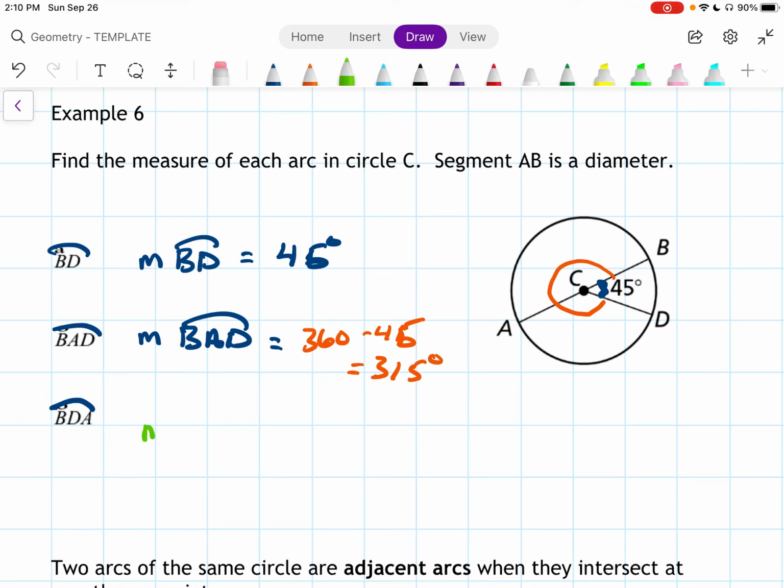And then lastly, the measure of arc BDA would be this piece there, and that's a semicircle, so it's 180 degrees. Anytime a diameter is drawn into a circle, it splits the circle in half. It splits it into two semicircles.